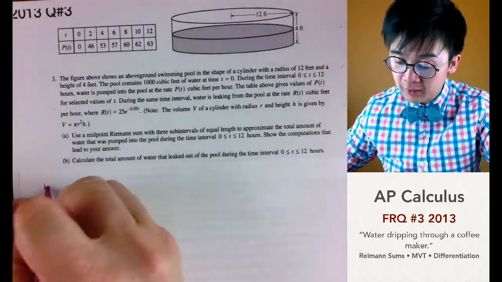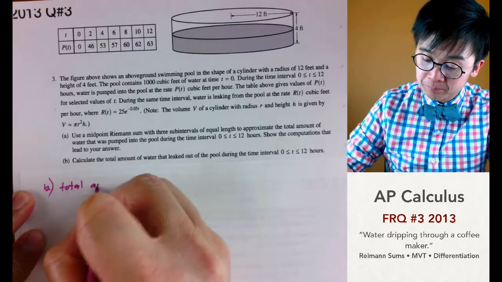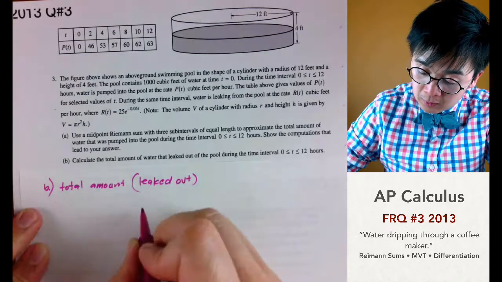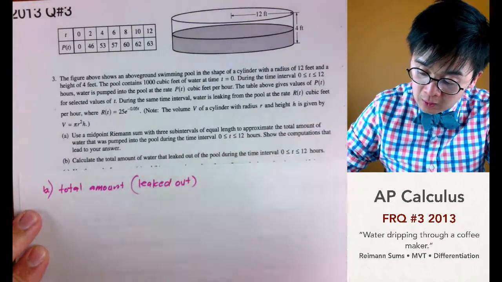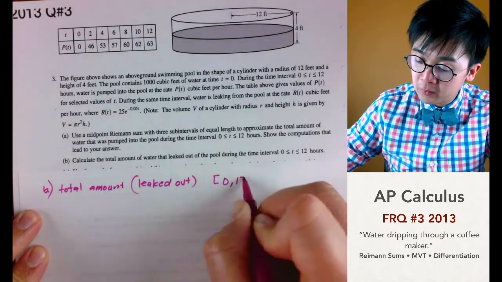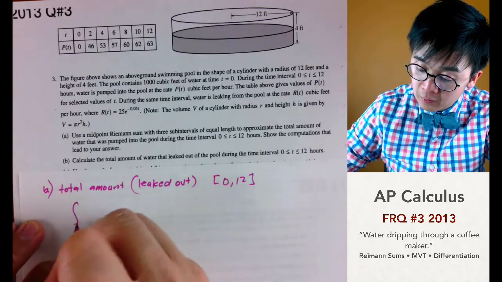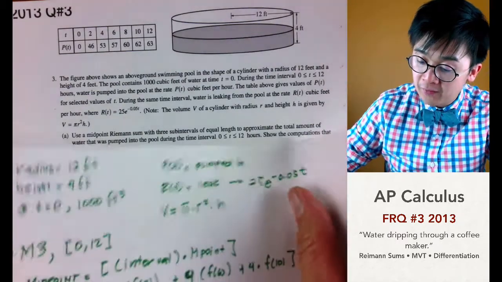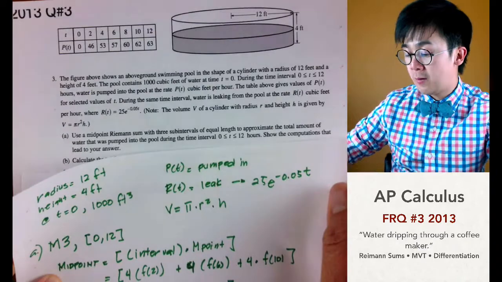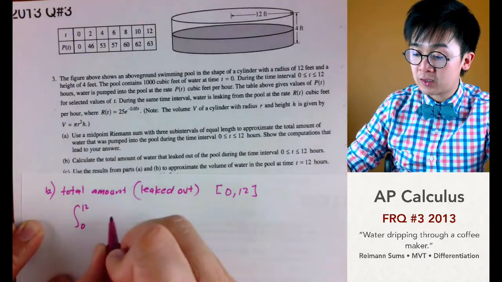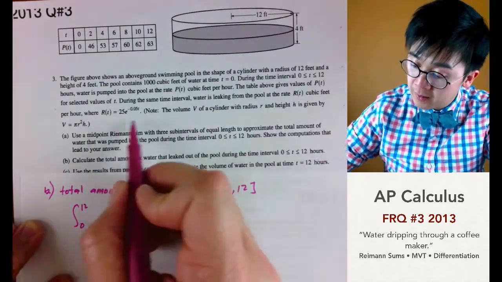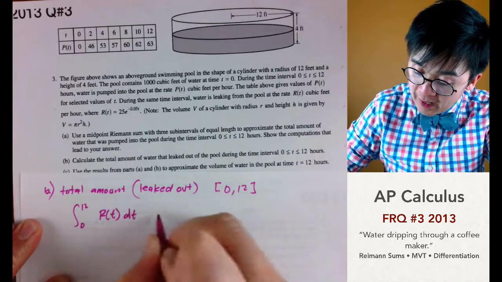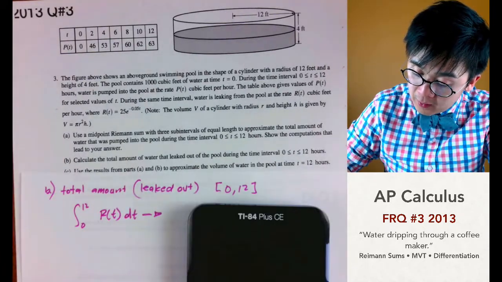So for problem letter B, the total amount of water leaked out of the pool from 0 to 12 is simply going to be the integral from 0 through 12 of that function, and we know from our previous problem that the function is R of t, which is 25e to the negative 0.05t. So we have R of t dt.